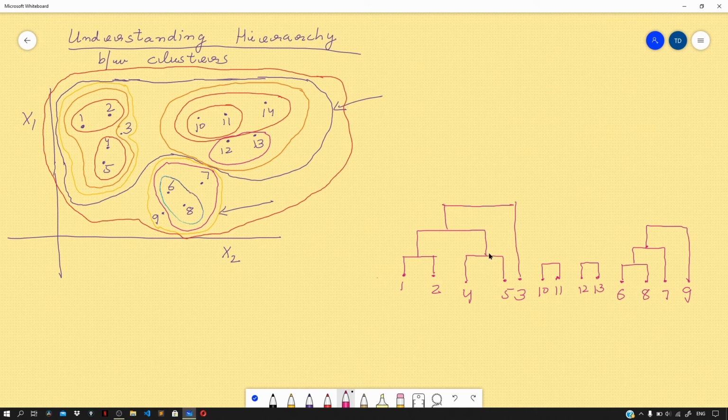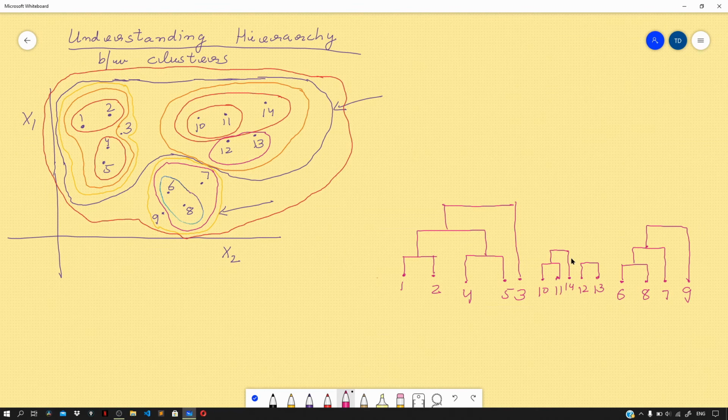Next we take the cluster that we formed out of the points 10 and 11, which is this one, and combine this cluster with the single data point cluster 14 to form this outer cluster that contains this cluster and this 14 point, right? So let us write down 14 here and combine this single data point cluster with the cluster that is formed using 10 and 11 data points like this.